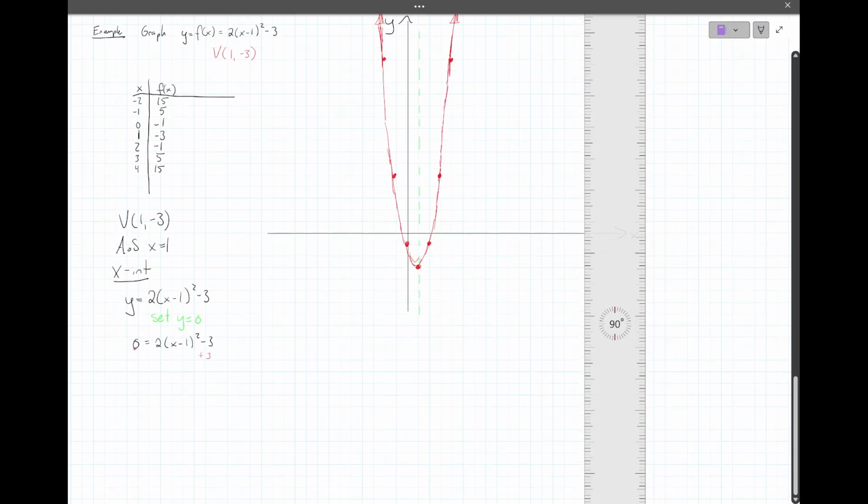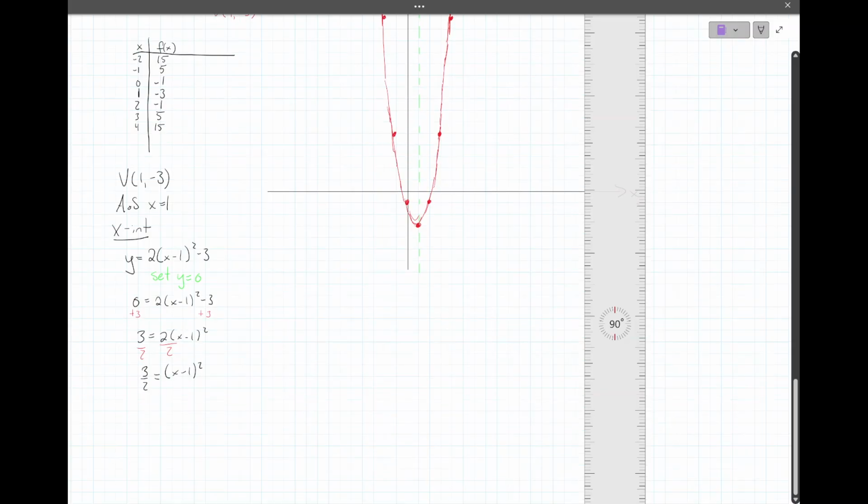Add 3, add 3. I get 3 equals 2(x minus 1) squared. Divide by 2, divide by 2. Get 3 over 2 equals (x minus 1) squared. Square root this, square root that. And I'll get x minus 1, just changing it around, equals plus or minus root of 3 over 2.